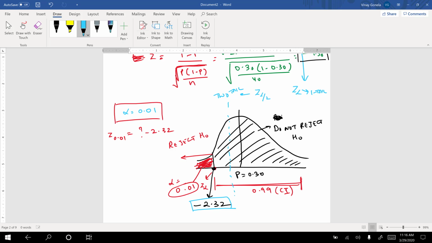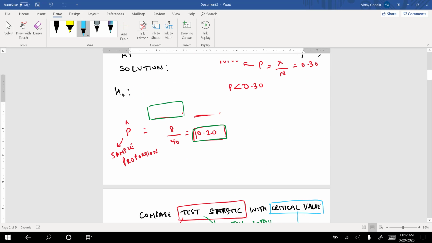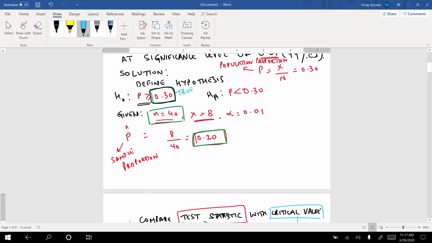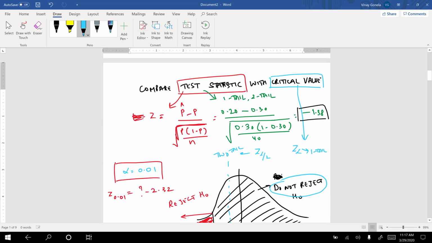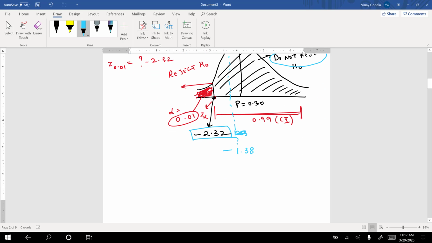So this is negative 1.38, so it falls under the do not reject H null region. That means we are not able to reject this claim, so this is true.